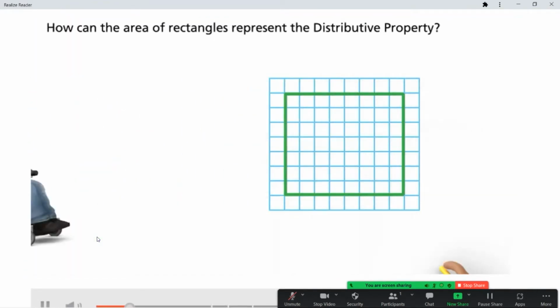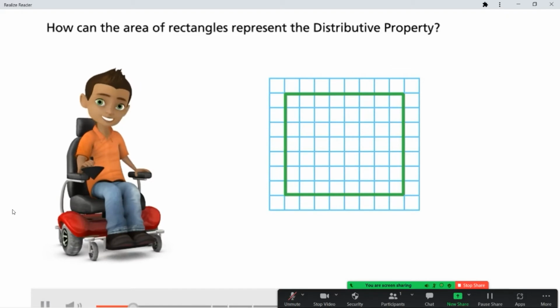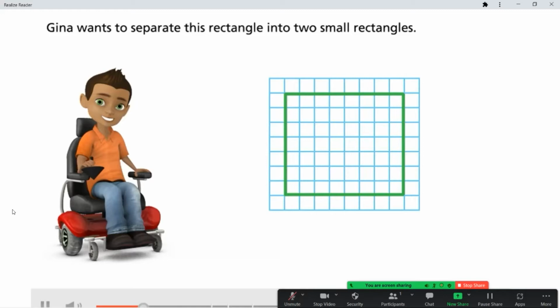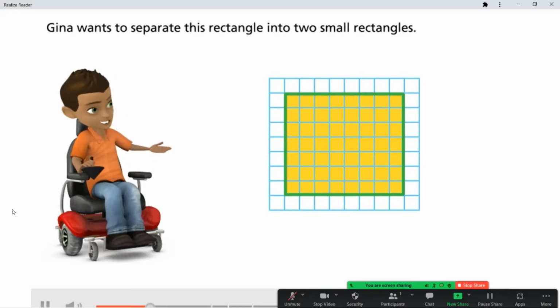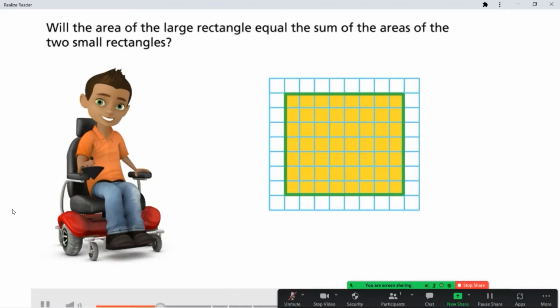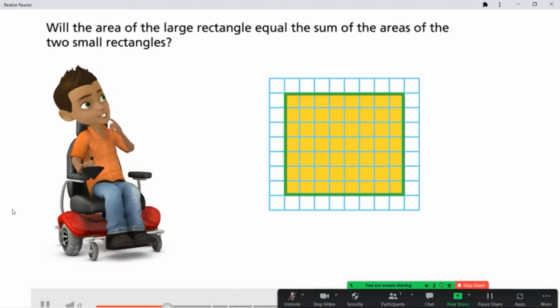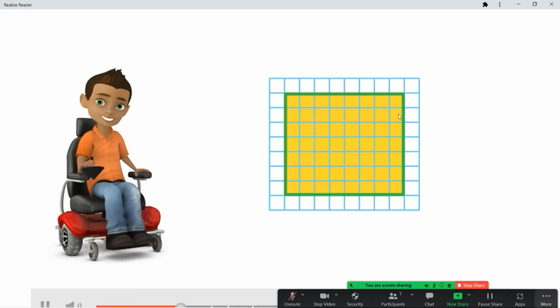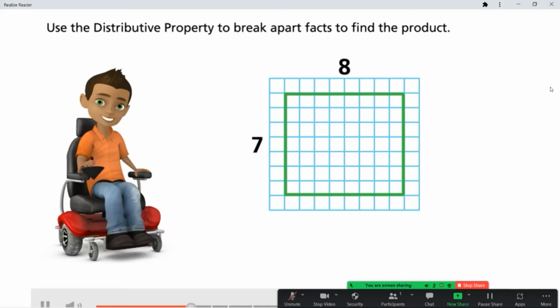How can the area of rectangles represent the distributive property? Gina wants to separate this rectangle into two small rectangles. Will the area of the large rectangle equal the sum of the areas of the two small rectangles? Use the distributive property to break apart facts to find the product.